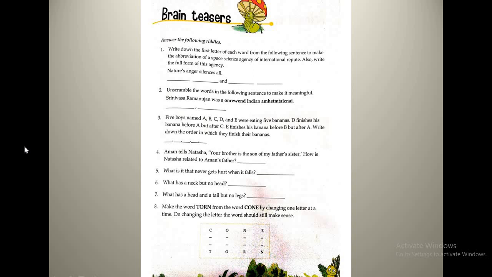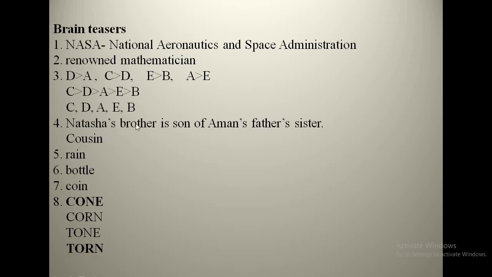Here, see, Natasha's brother is the son of Aman's father's sister. Natasha का भाई जो है, वो किसका बेटा है? अमन के फादर की सिस्टर का. So Aman and Natasha are cousins. I have written here by mistake that cousin.